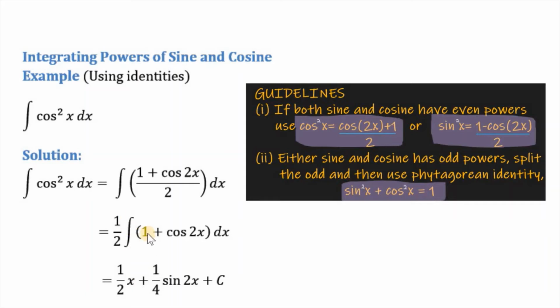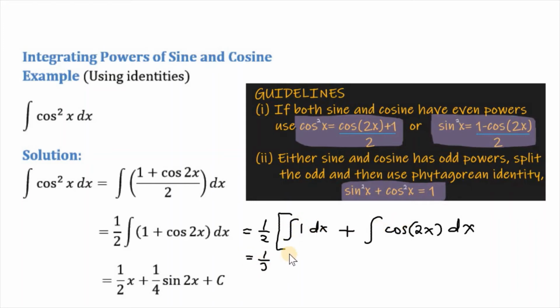For the integral with 1 half, we can just put it outside. So basically you integrate 1 dx, and then you can split it because of the plus, and then integrate cosine 2x. Here you might want to use a simple u substitution.